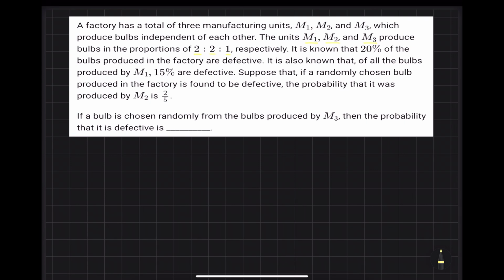So suppose the factory is producing 100 bulbs. It has three units: M1, M2 and M3. Out of these 100 bulbs, some will be produced by M1, then M2, then M3.